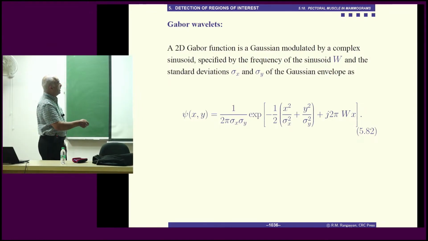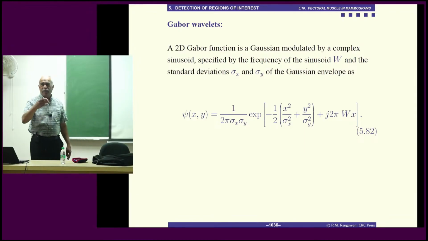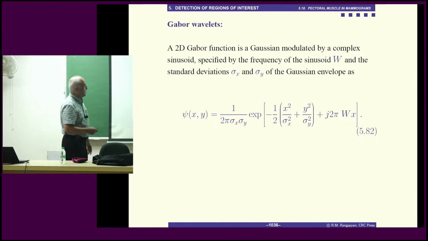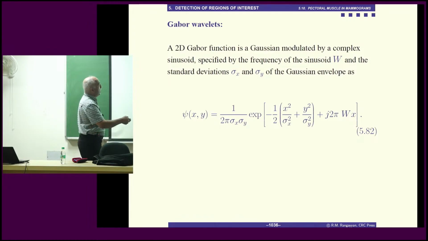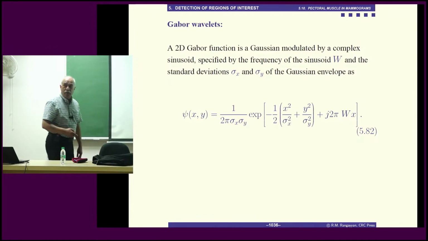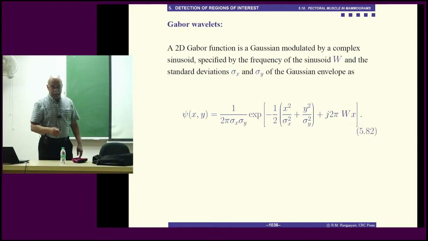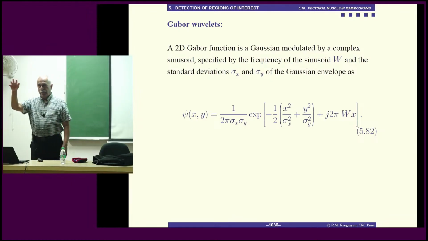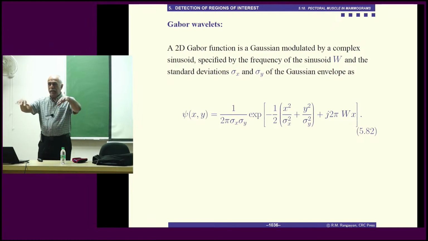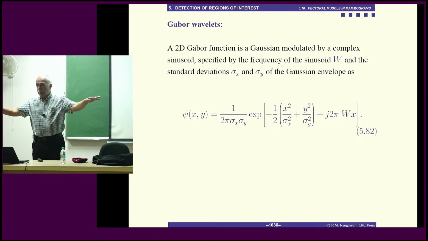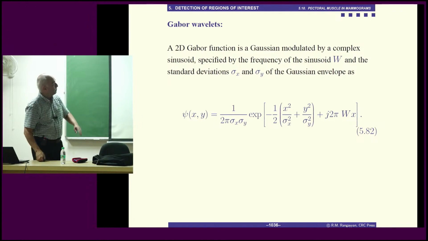So it's an exponential. If you just take this part, it is a Gaussian. There is some normalization factor. This is not important in image processing because you will be transforming and thresholding. But this part gives you the modulation. So it is a Gaussian function which is multiplied with the sinusoid. So you get a positive main lobe and negative and positive side lobes going to infinity.